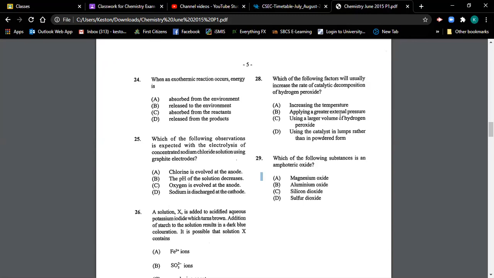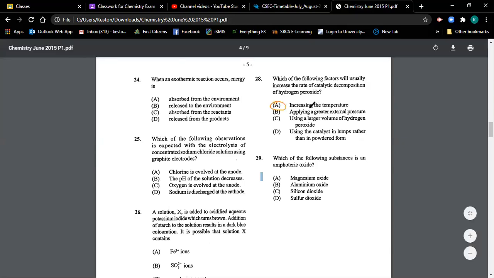This is rate of reaction. A, yeah, increase the temperature. Very good. If we increase the temperature, then it would speed up the rate of reaction. There you go. Increasing the temperature.